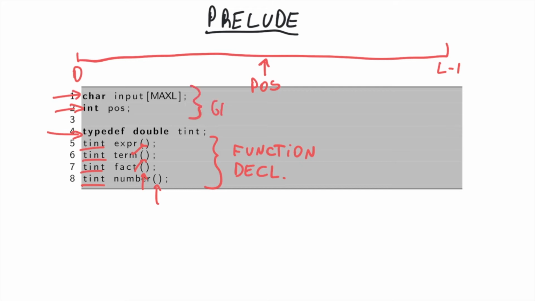So these are 2 options. You can define more global variables that your parser can use. The minimum is 1 for the input, 1 for the position. If you have some more arguments, you can put them there, or you can make them proper arguments, which is usually better, just not to have a lot of global stuff.